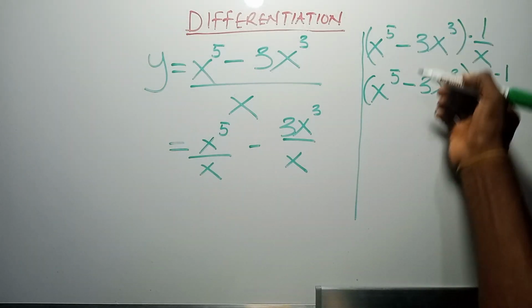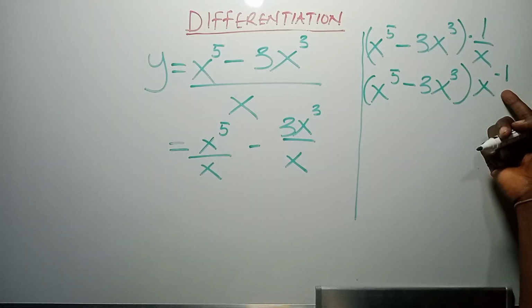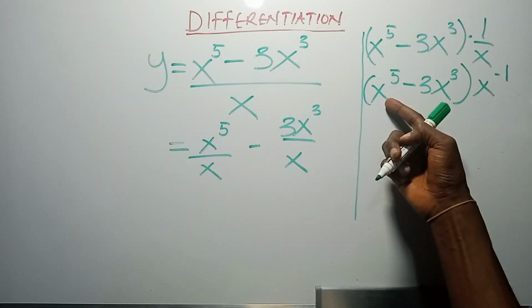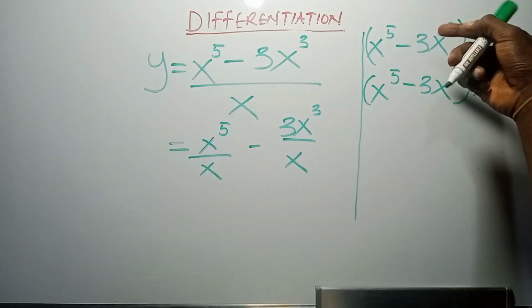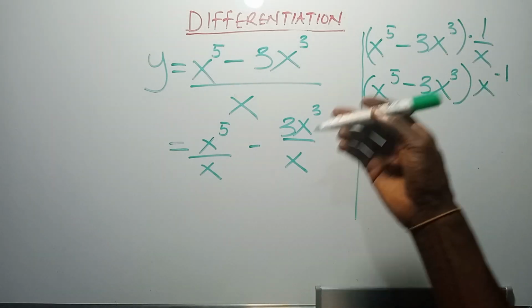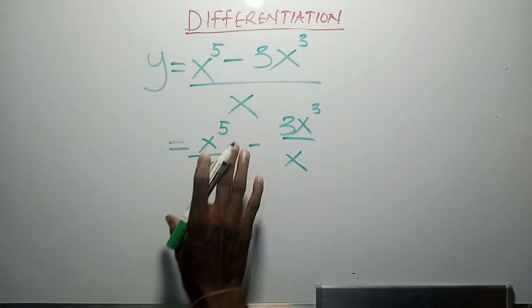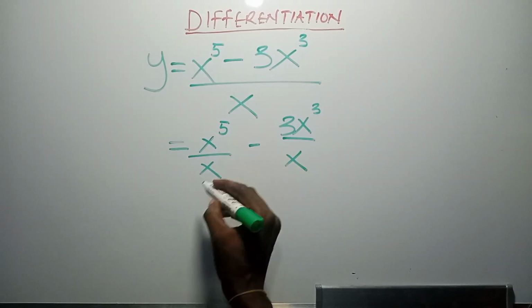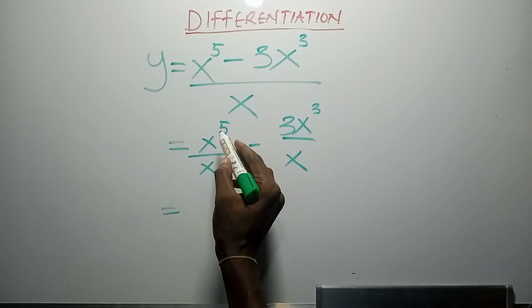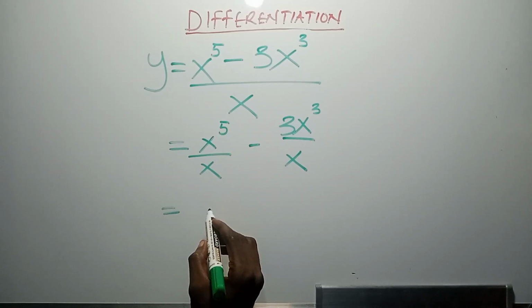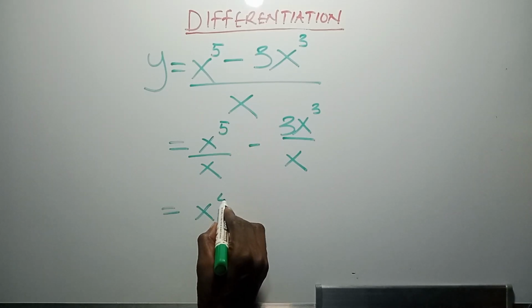So if you're going by this method, then you have to open the brackets, multiply this by this, and multiply this by this, and then you continue solving that way. But we wouldn't be going by this method. Let's go by this method. So having gotten to this point, we can just divide through. If we divide this by this, we'll be left with x raised to the power of 4.